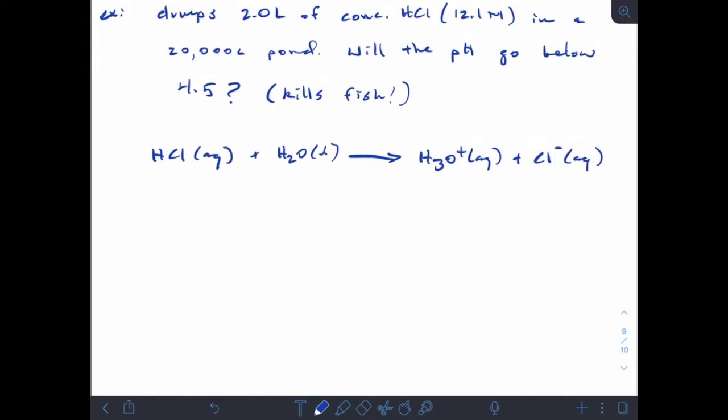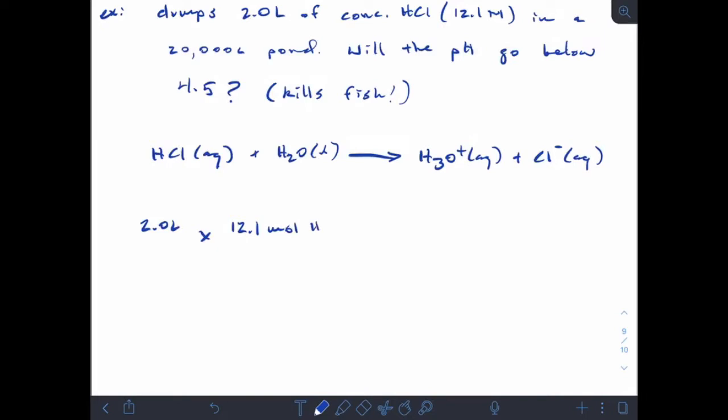So I have 2 liters of acid, and moles of HCl per liter is the concentration of our acid. So then I have 24.1 moles of HCl, right?